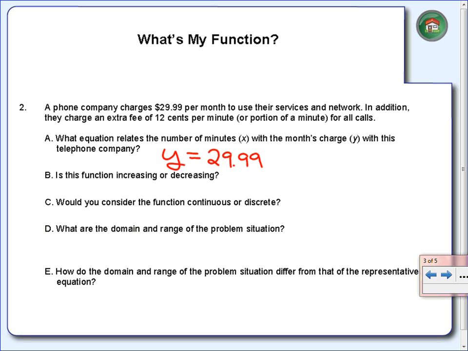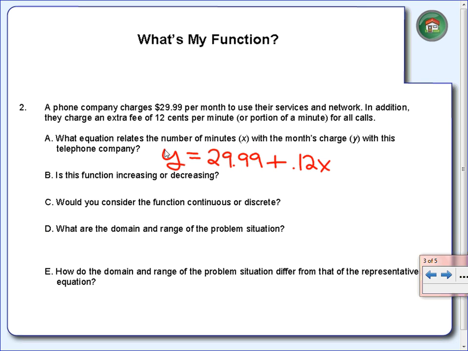Is that the only thing they're going to charge you? What else? Plus 12 cents per minute. How am I going to do that? 12 cents per minute. What do I need to write? 0.12x. We're going to use x because they did tell us x number of minutes. All right, so this is the equation that we're working. Y equals $29.99 plus 0.12x.